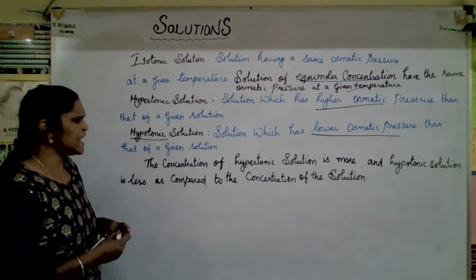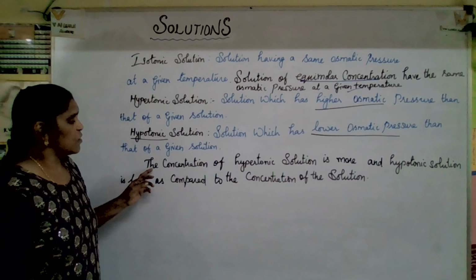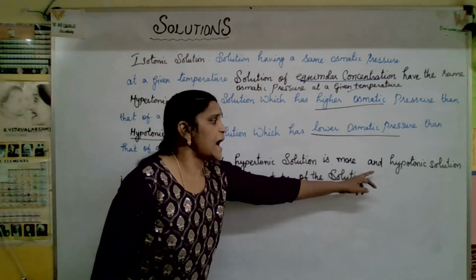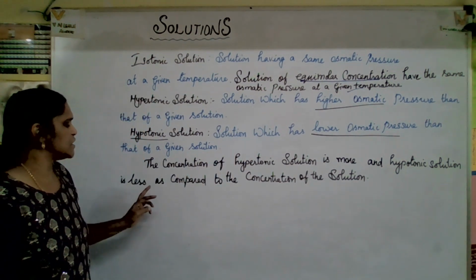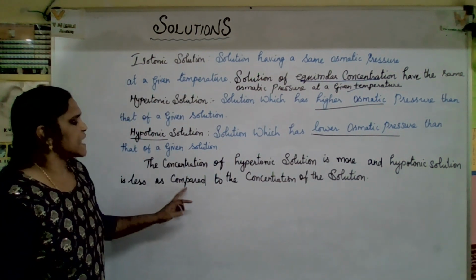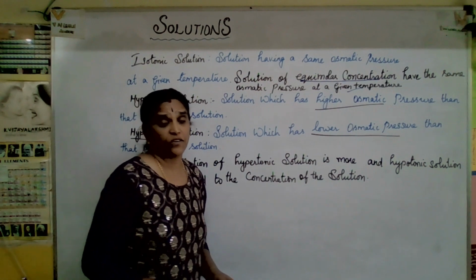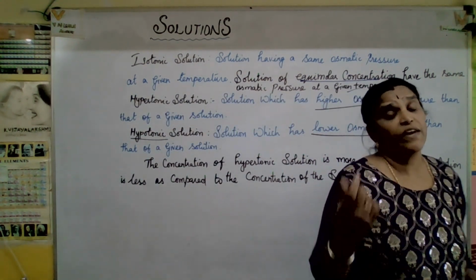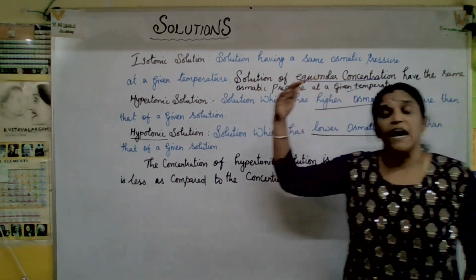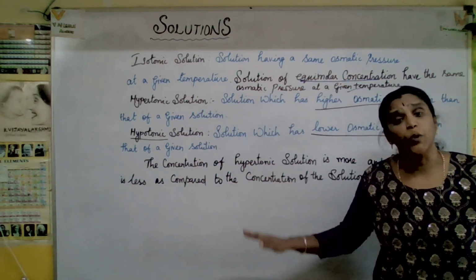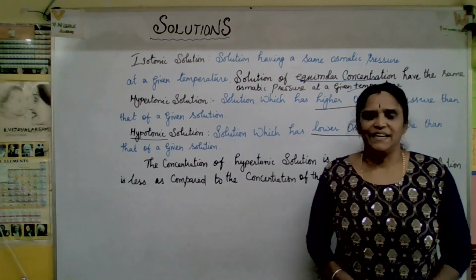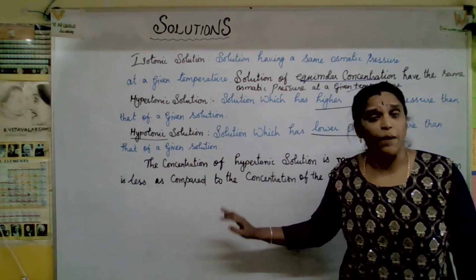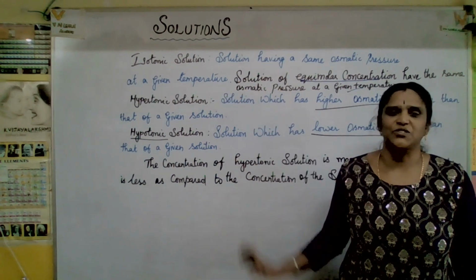Here finally we come to the conclusion: the concentration of a hypertonic solution is more and that of a hypotonic solution is less compared to the concentration of the given solution. So by concentration only, we can identify whether it is hypertonic or hypotonic. Hope you got a clear idea about hypertonic, hypotonic and isotonic solutions.